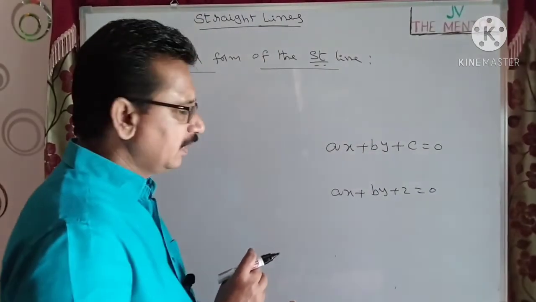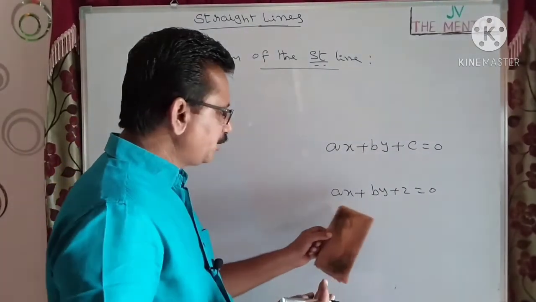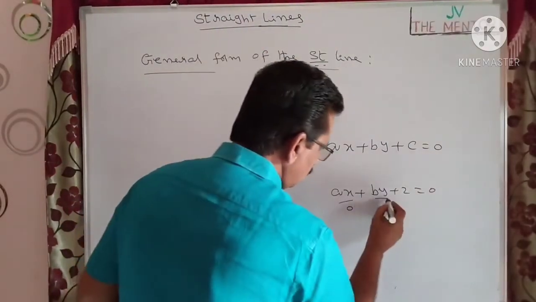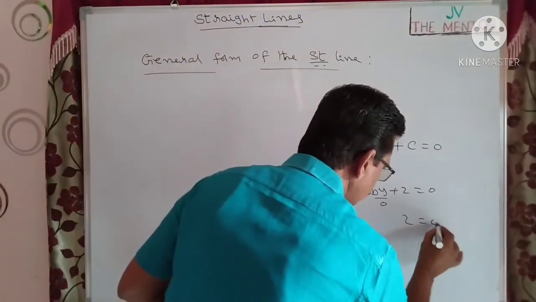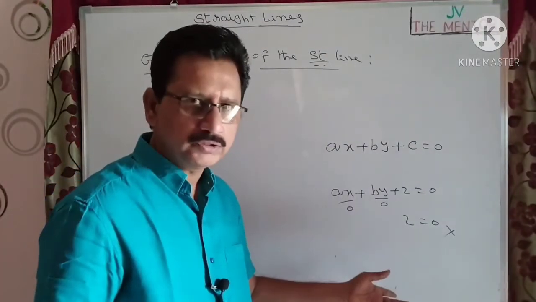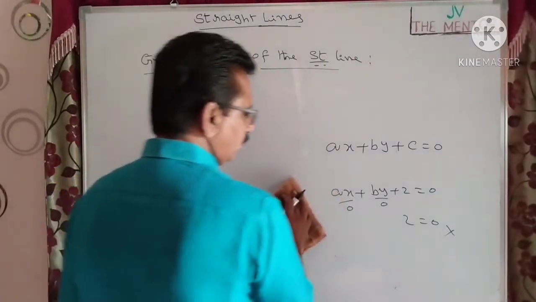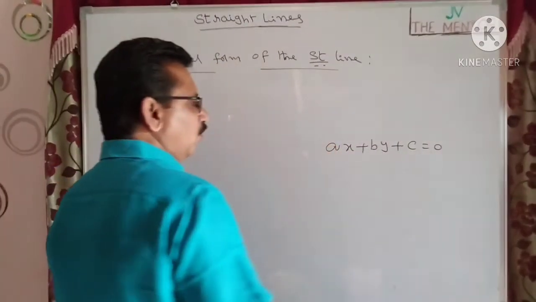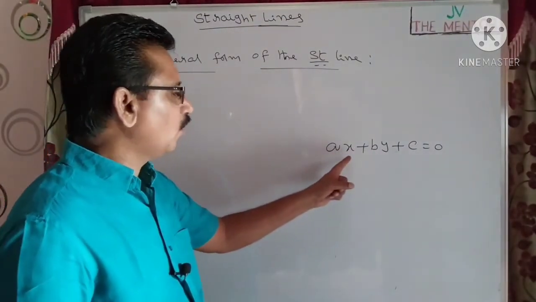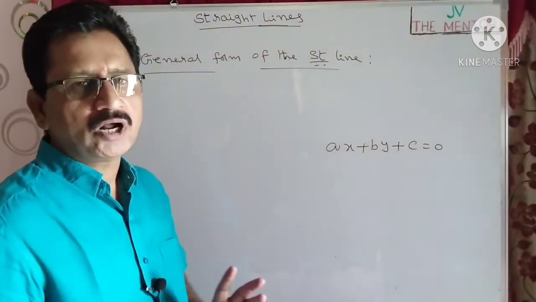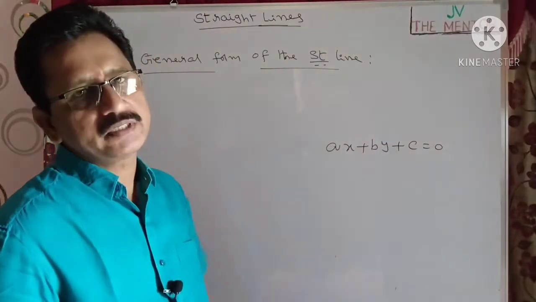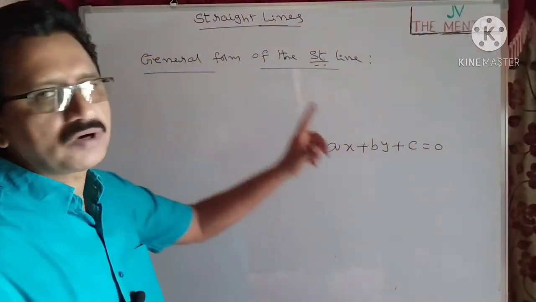Then this will be 0 and this will be 0, and we will get 2 equal to 0. It is a contradiction, since 2 is not equal to 0. So at least one of A and B is not equal to 0 at the same time. Then Ax plus By plus C equal to 0 is called the general form of the straight line.